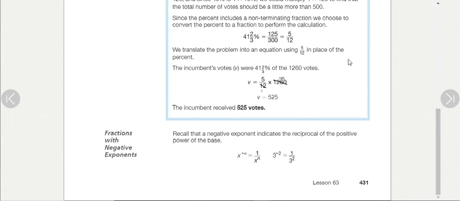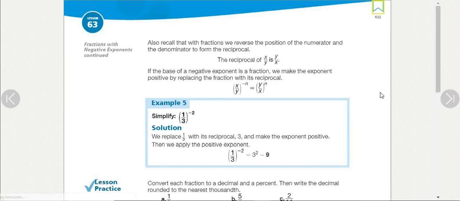But we're going to quick toss on fractions with negative exponents. X to the negative n means 1 over x to the n. 3 to the negative 2 means 1 over 3 to the positive 2. Recall that with fractions, we reverse the position of the numerator and the denominator to form a reciprocal. So if the base of a negative exponent is a fraction, we make the exponent positive by replacing the fraction with its reciprocal.